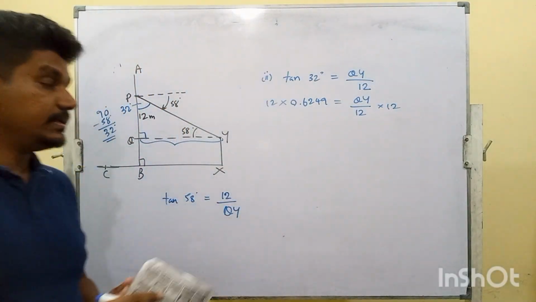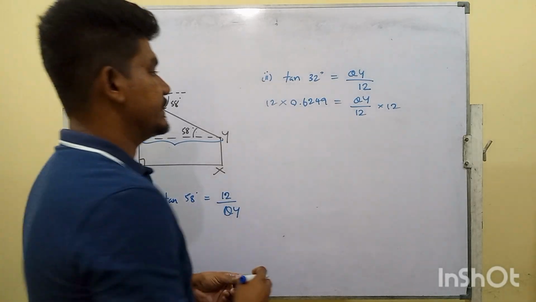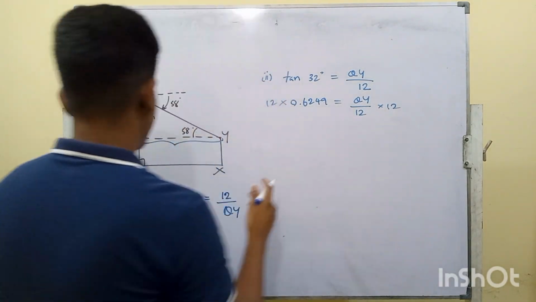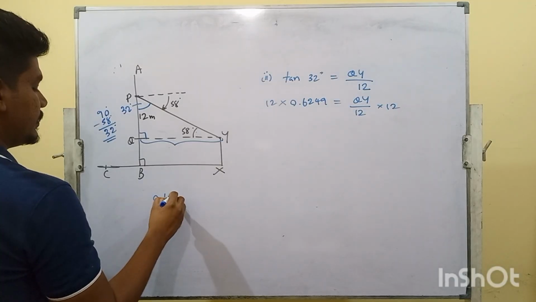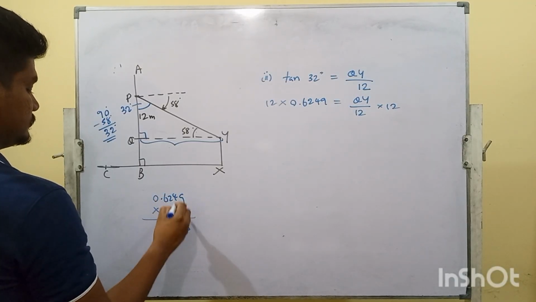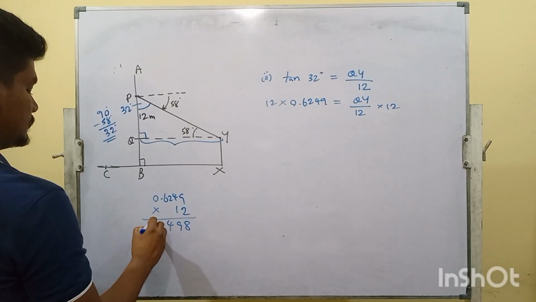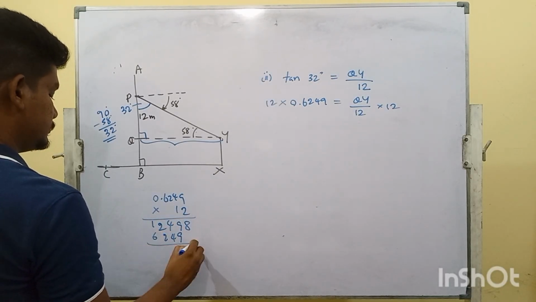Right, we can multiply both sides by 12. Right, then what comes with that? You can multiply that one. 6249 times 12 is 74988.